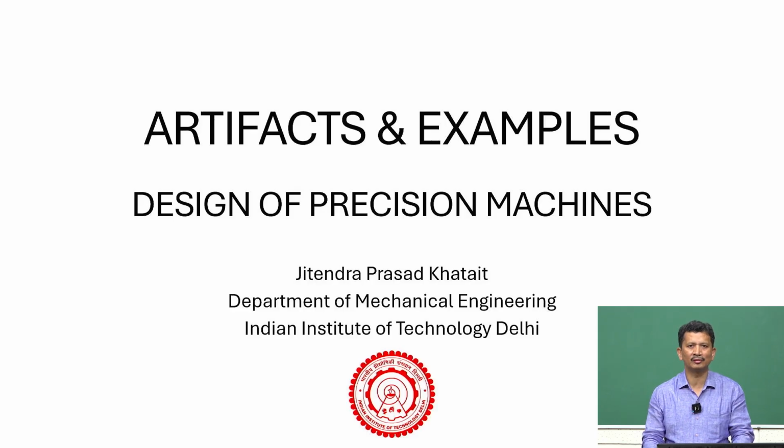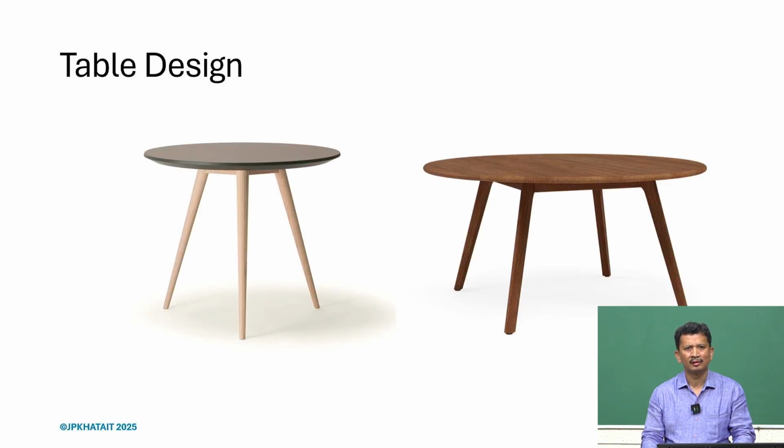We'll talk about some artifacts and, through some examples, try to explain the design principles for precision machine design. As I mentioned in the last lecture, I tried to ask which one is better.